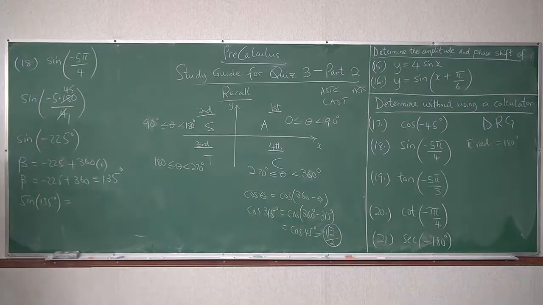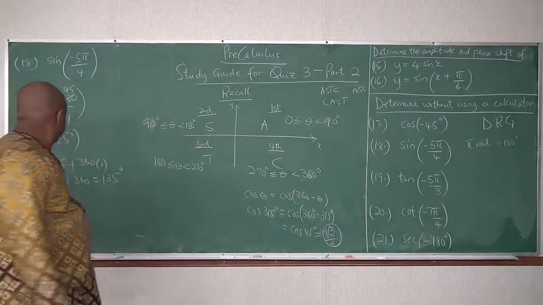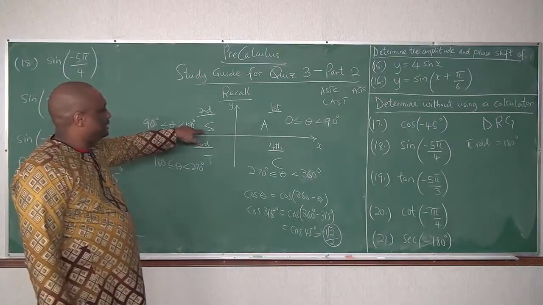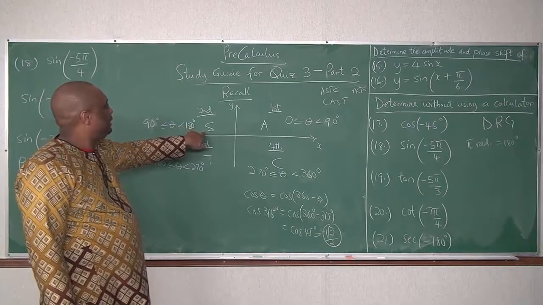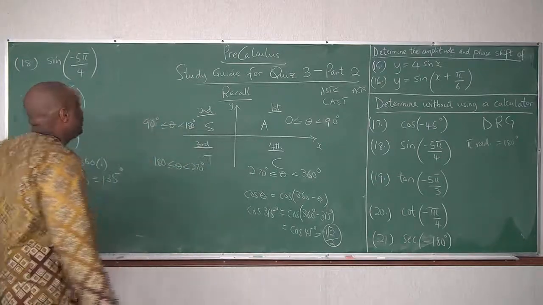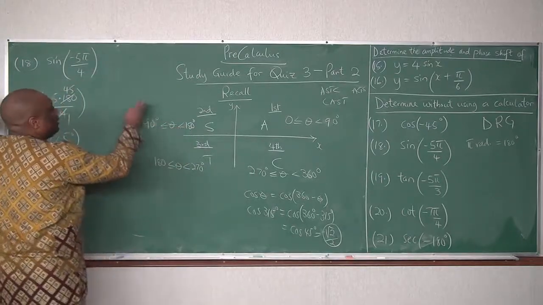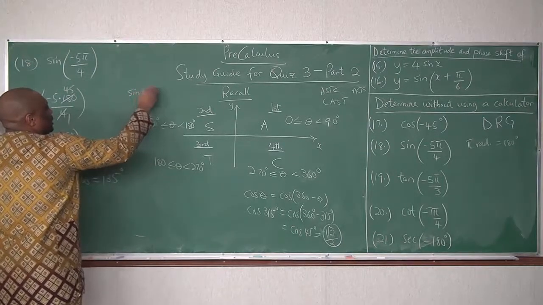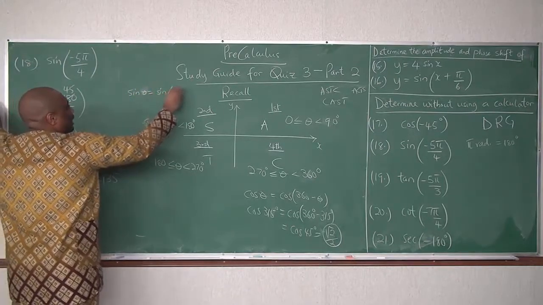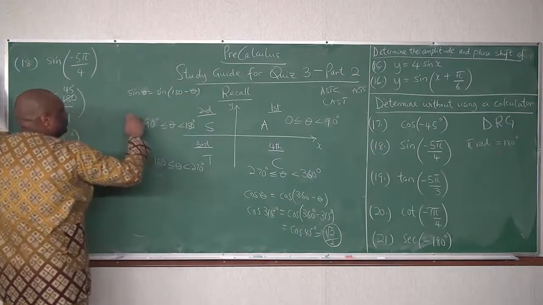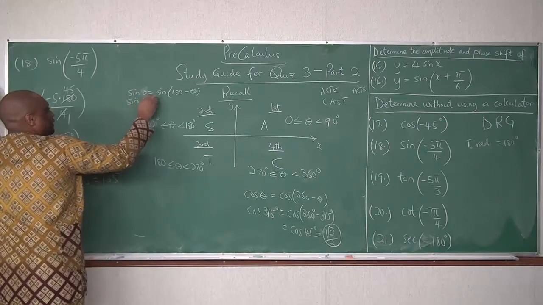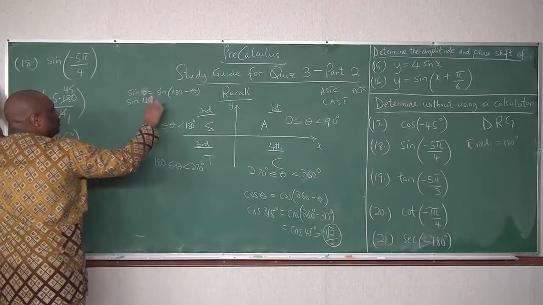Now 135 degrees, what quadrant is it in? It's in the second quadrant, and in this quadrant, sine is positive. Also in this quadrant, sine theta is the same thing as sine of 180 minus theta.